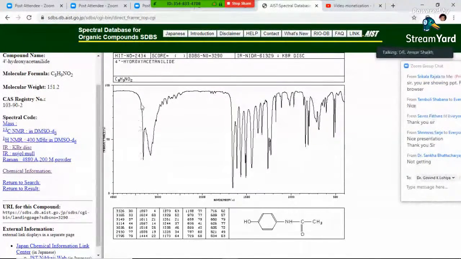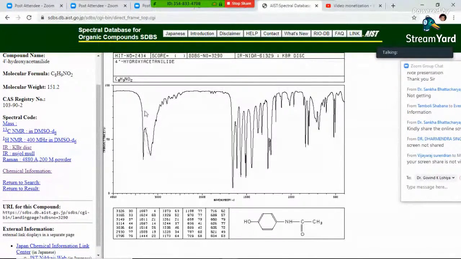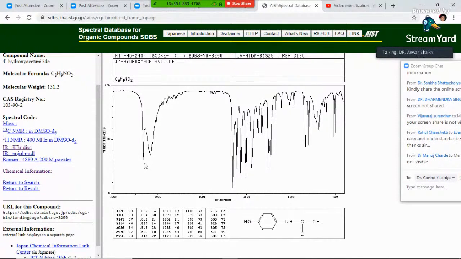You will find here that two peaks are merged in this region. If you remove this sharp peak, the peak will be like a tongue, like the OH that I told you about. But as you can see, the NH is also present and OH is also present; two groups are present in the same region.